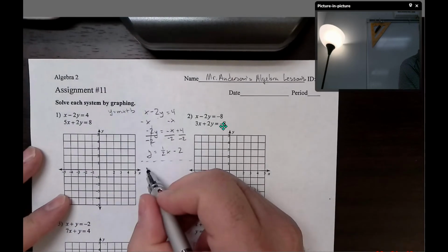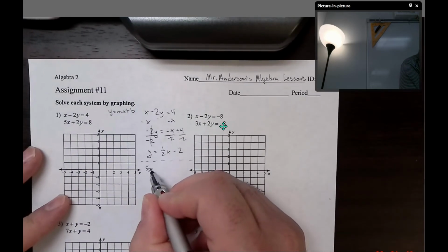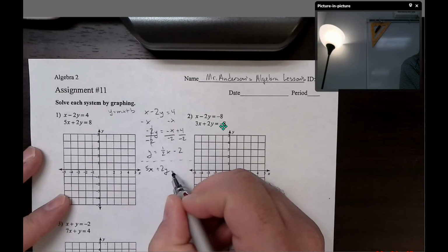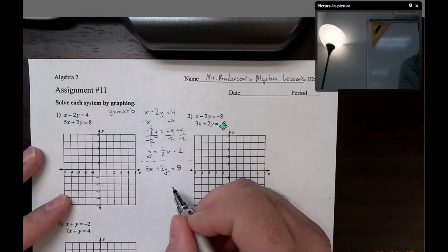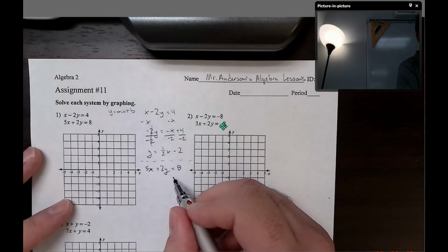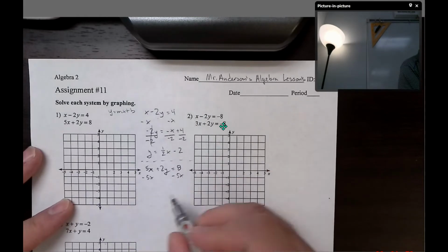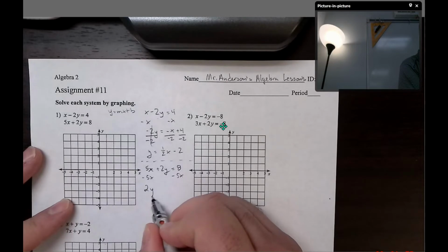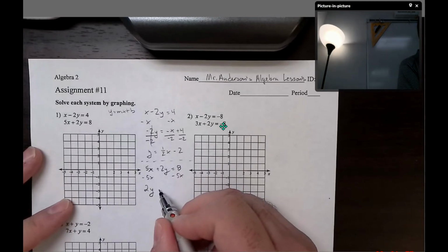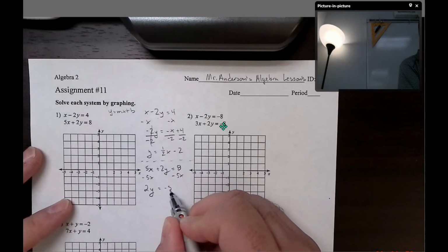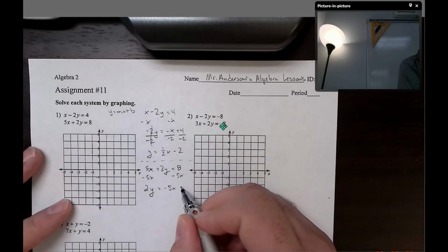Now the next one I have is 5x plus 2y equals 8. And again, I'm going to start by isolating the y. So I'm going to move the 5x over to the other side with subtraction and inverse operations. I'm left with 2y is equal to negative 5x plus 8.